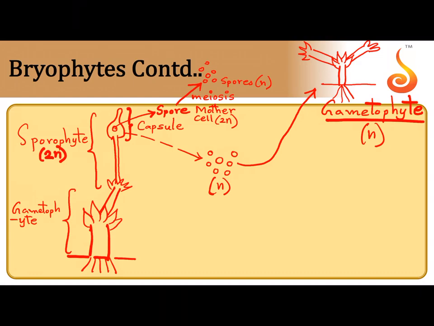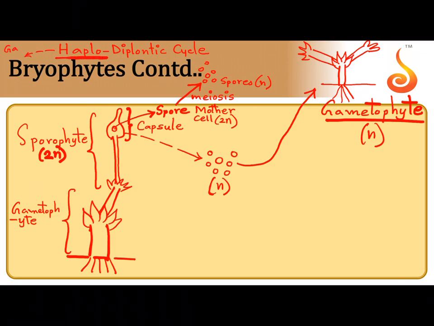So what would you call this life cycle? You would call it the haplodiplontic cycle. Haplodiplontic because the major phase is haploid.